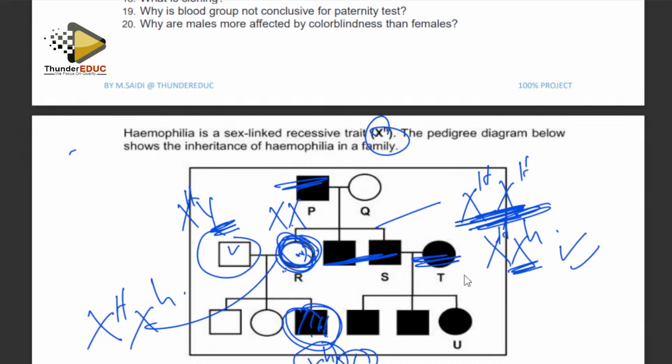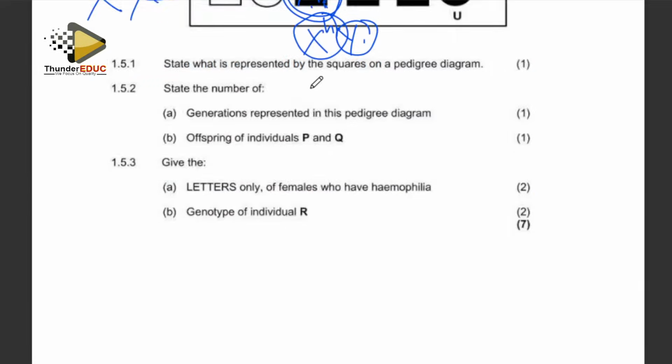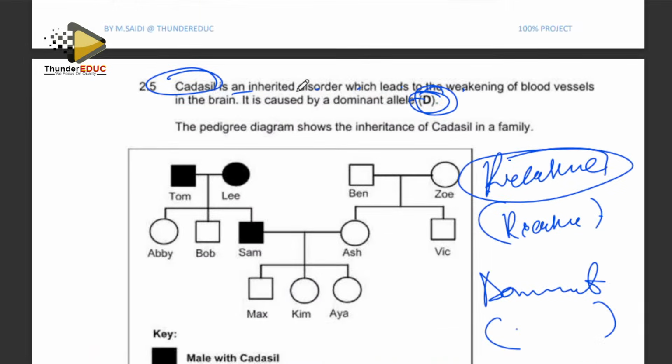If it's caused by a dominant allele, in this case, the one who is shaded is the one who is sick, and this person is having dominant alleles. You understand? So now the ones which are not shaded are the ones who have the recessive alleles. So you need to understand that.